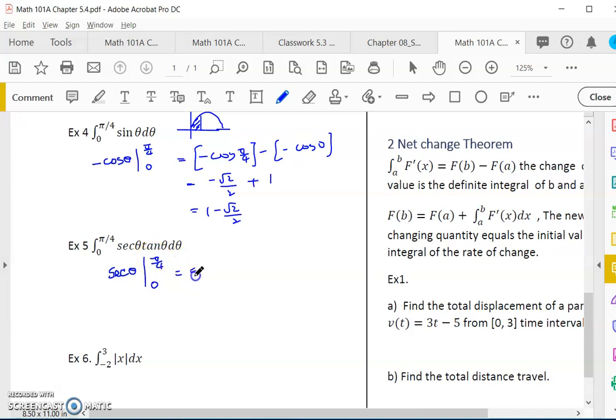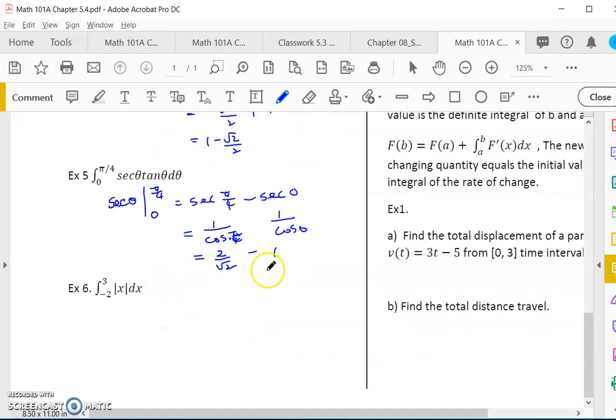So that is secant pi over 4 minus secant 0. Secant pi over 4 is 1 over cosine pi over 4, that is 2 over root 2, because cosine is root 2 over 2. Minus, what is secant 0? It's 1 over cosine 0. Cosine 0 is 1, so minus 1. So this is the answer.